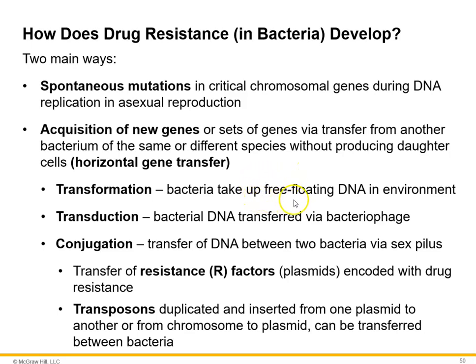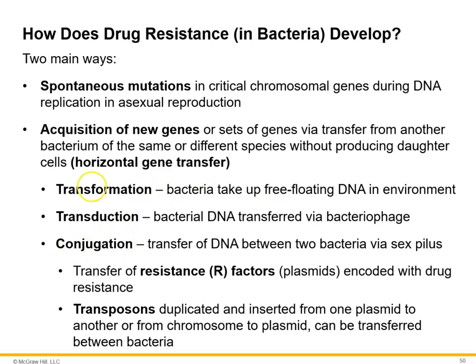Sometimes when other microorganisms die, they leave behind pieces of their DNA. Another bacterium can come along and scoop up this free-floating DNA and take it in and incorporate it into their chromosome.